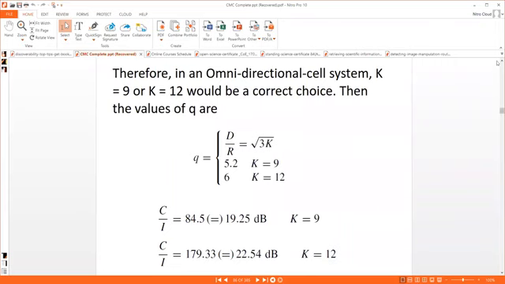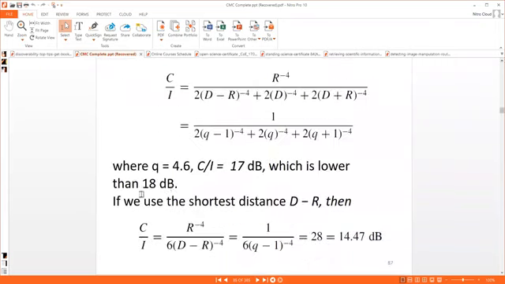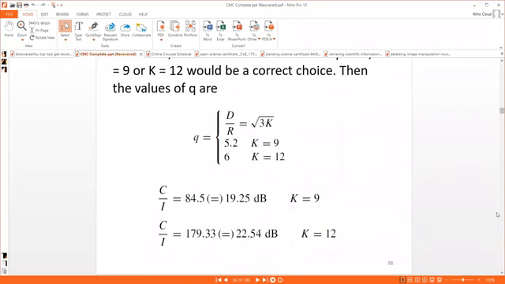As per our theoretical aspects, the value must be equal to or greater than 18 decibels to achieve a good voice communication. We can say this 9 or 12 might be better as per the mathematical approach. But once again, I'm repeating, this is only a mathematical approach.